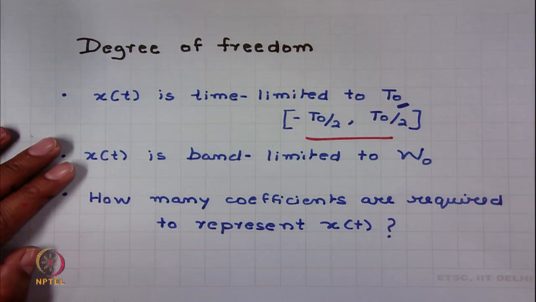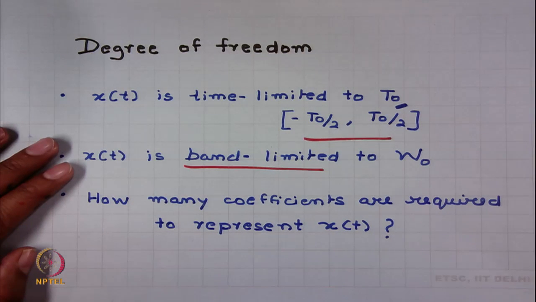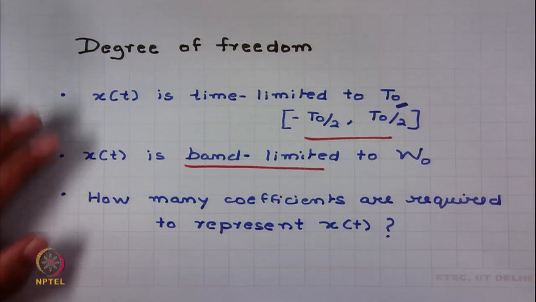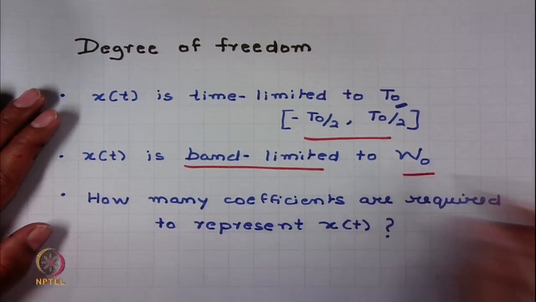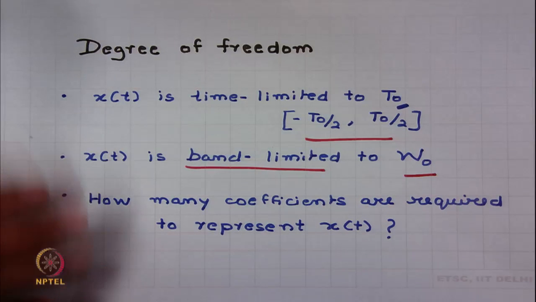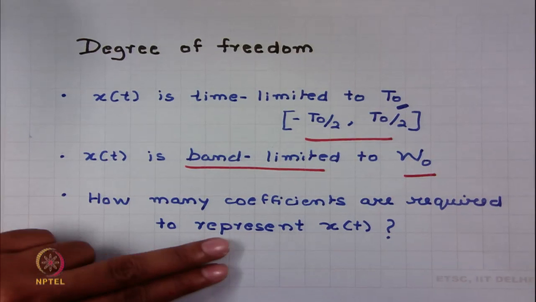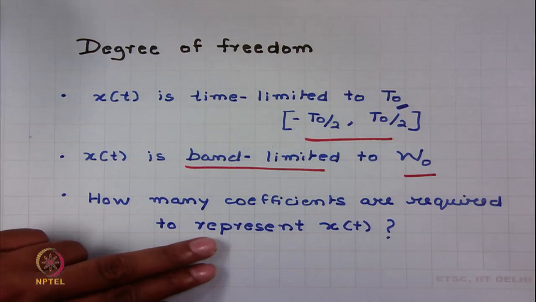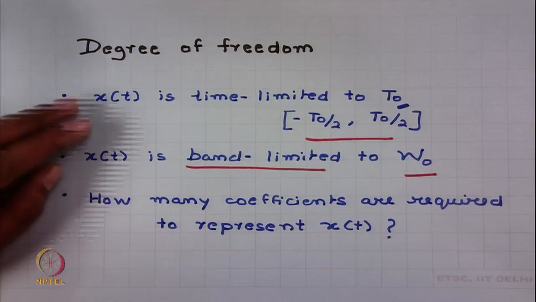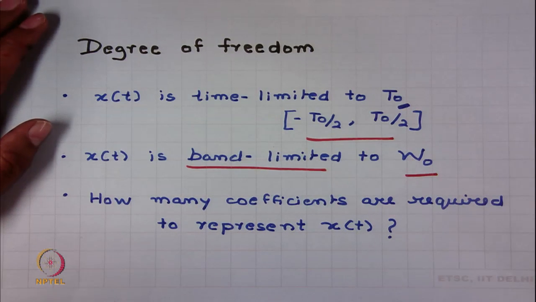And if I assume that x(t) is band limited to a bandwidth of w naught, the question is how many coefficients or how many numbers are required to represent this signal x(t). The number of coefficients required to represent this signal x(t) is known as the degree of freedom of this signal.